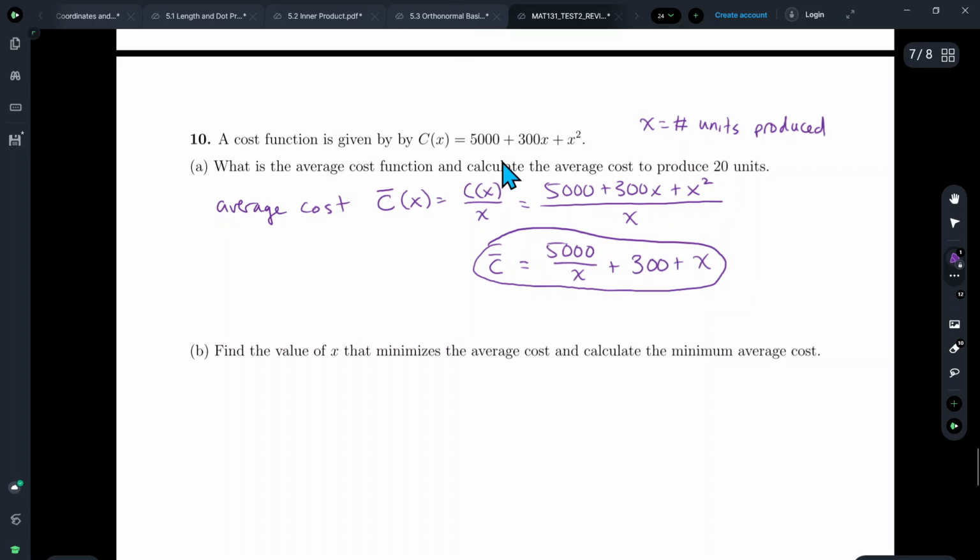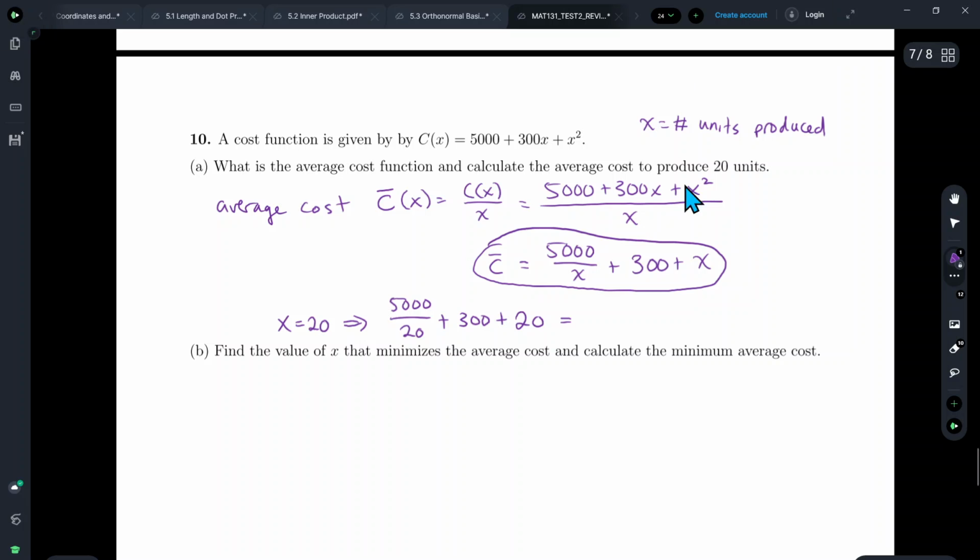And they also want us to calculate the average cost to produce 20 units. So here x is equal to 20. So we just plug that in and calculate. So 5,000 divided by 20 plus 300 plus 20.